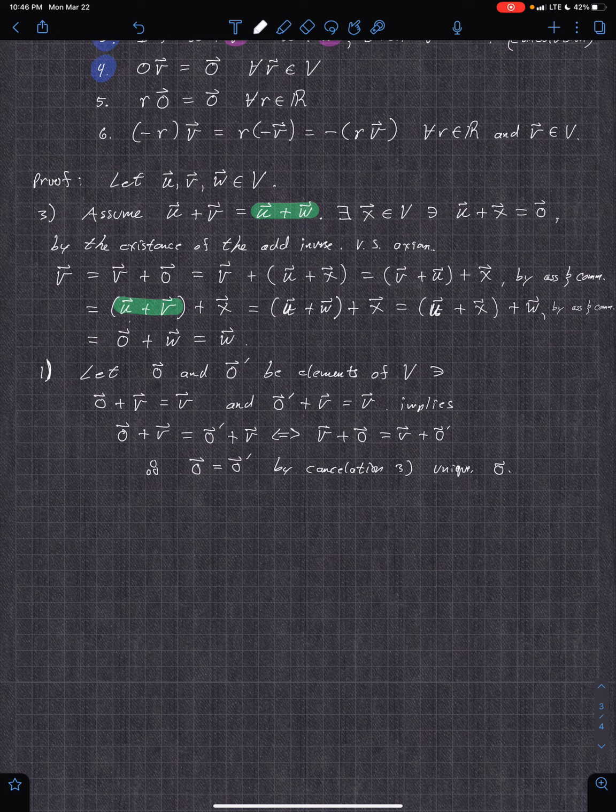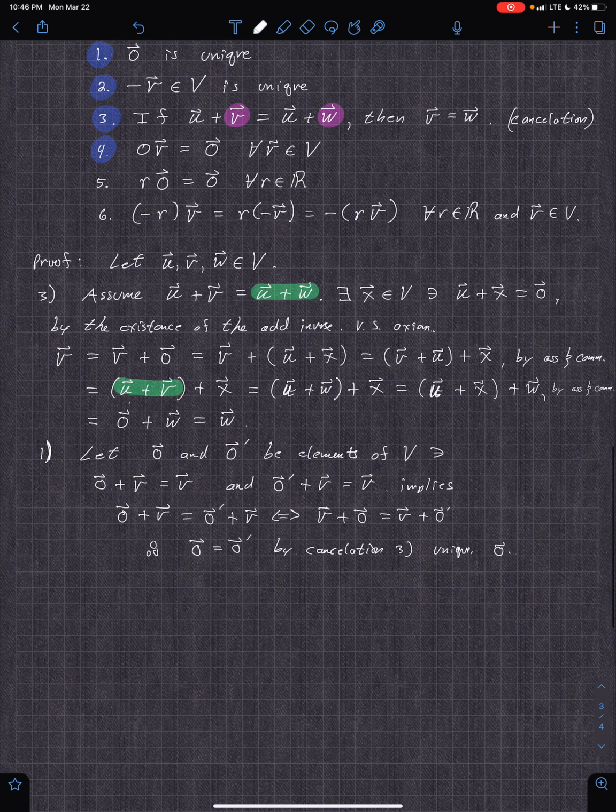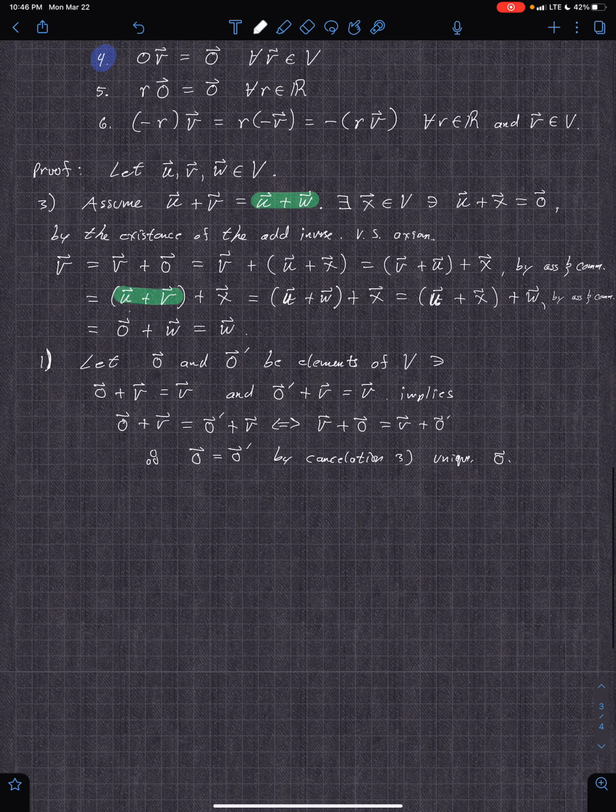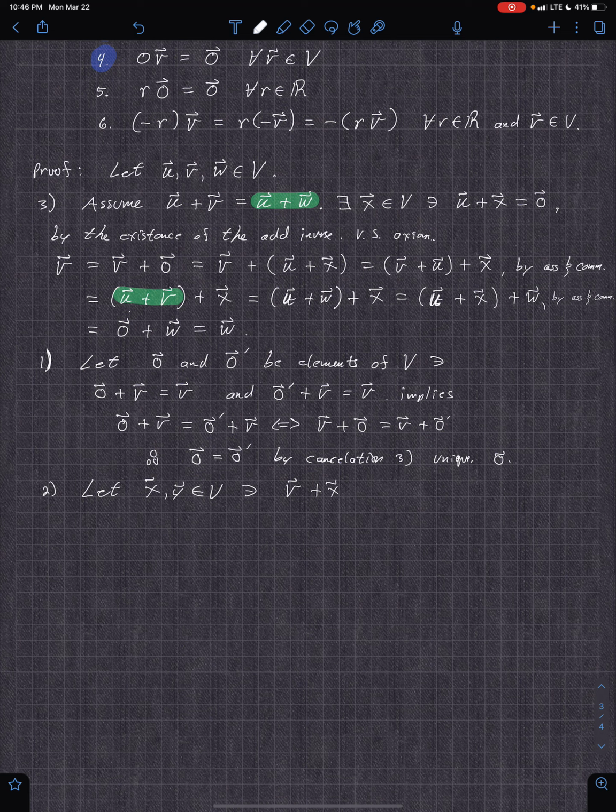Okay, next one. It's just uniqueness of negative v, or the additive inverse. So let's do 2. We'll say let x and y be in V such that v plus x is equal to the 0 vector, and v plus y is also equal to the 0 vector.